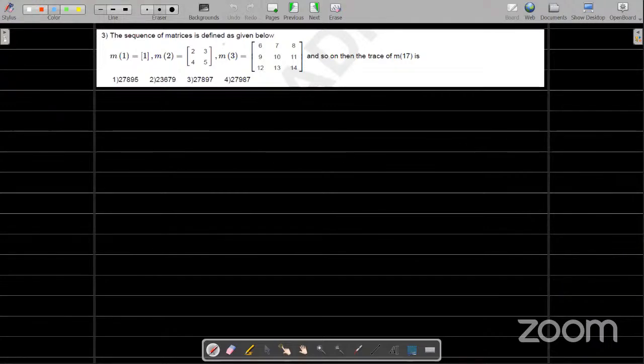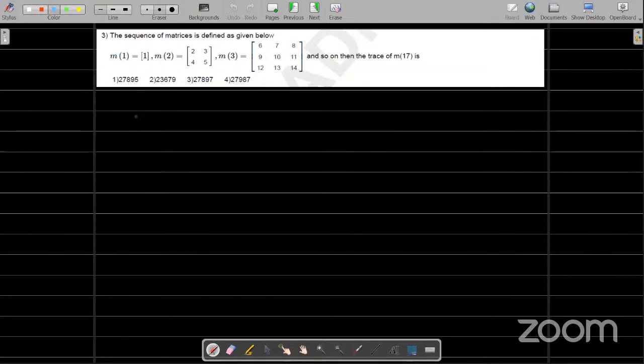The sequence of matrices is defined as given below. So there is a particular way of writing the sequence. The first matrix is a 1 by 1 matrix, which has only one element, that is 1. The second matrix has the next set of natural numbers, which is 2, 3, 4, 5. And M of 3, the third matrix.